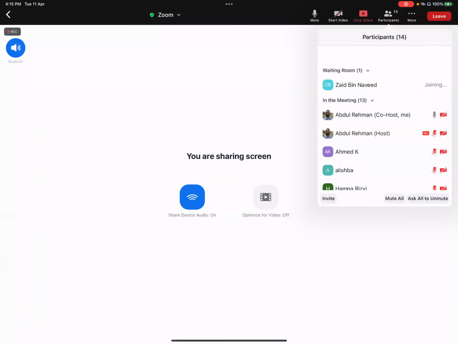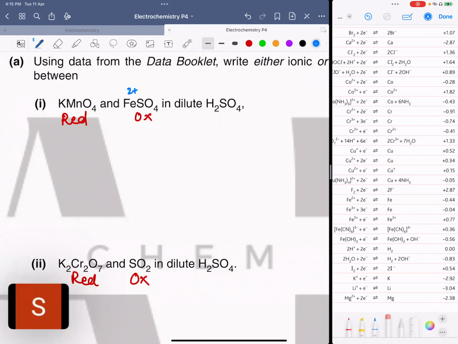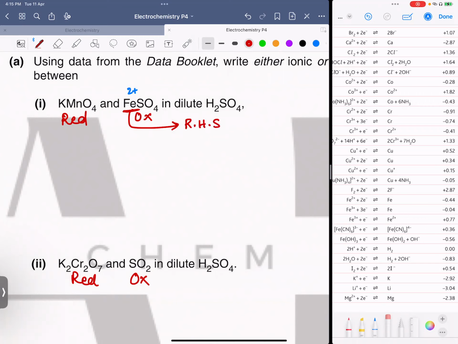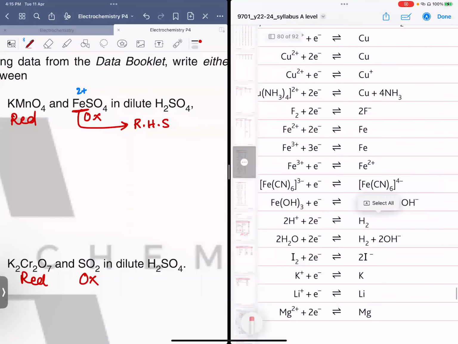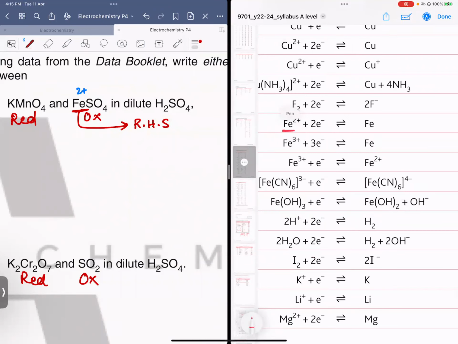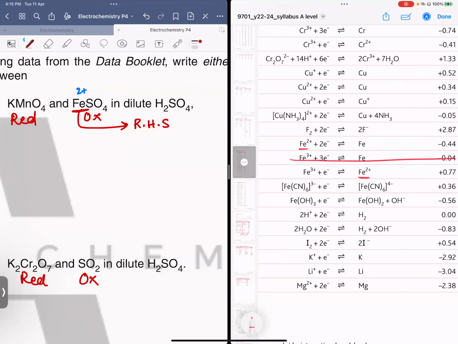So here the oxidation number of the iron must be 2 positive. If it is undergoing oxidation, then the thing that we discussed in the previous class, when I am referring to the data booklet, this Fe2 positive must be on the right hand side of the equation. Does everybody remember this point? If you see over here, we have one Fe2 positive here and one Fe2 positive here. I ignored this one because there is no Fe2 positive.